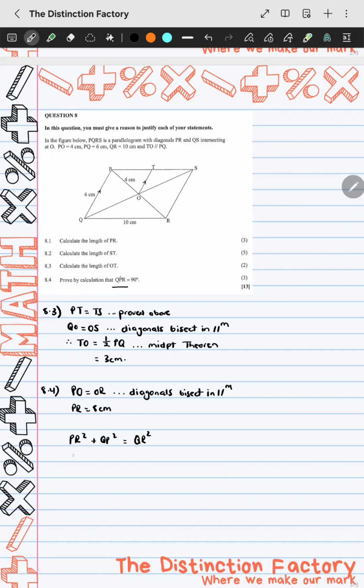So we can substitute PR is 8 centimeters, QP is 6 centimeters, and that should give us QR. I want to square root this entire thing so that we get our final answer to be 10. And then we can say, therefore, QPR is equal to 90 degrees because of the theorem of Pythagoras.